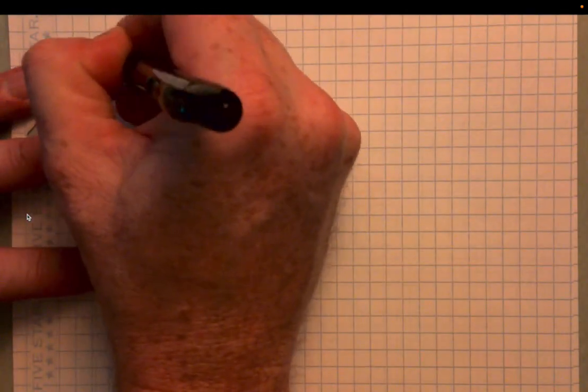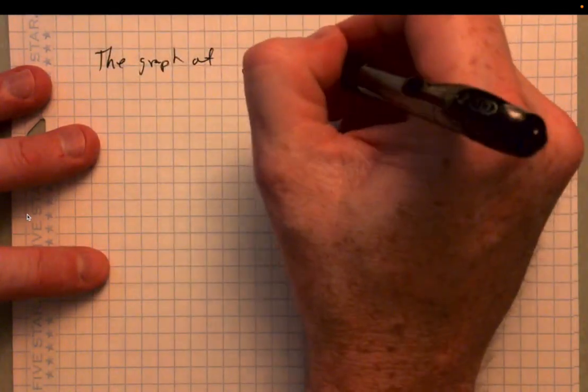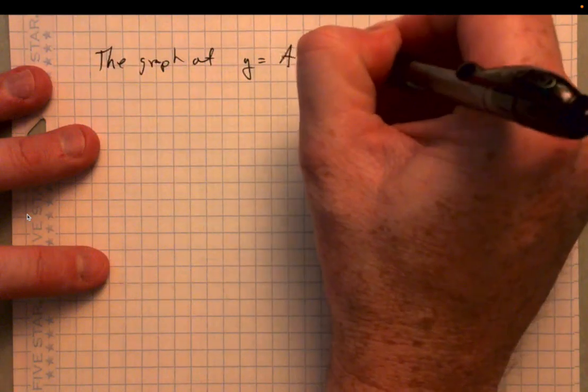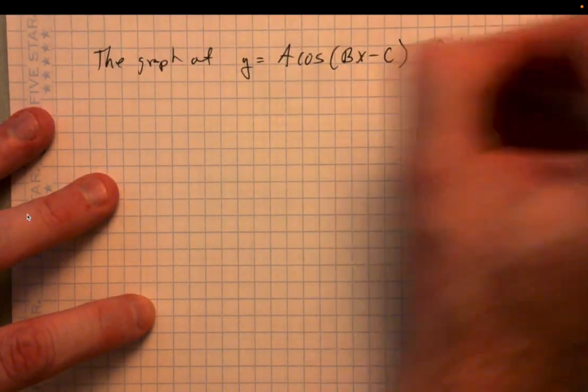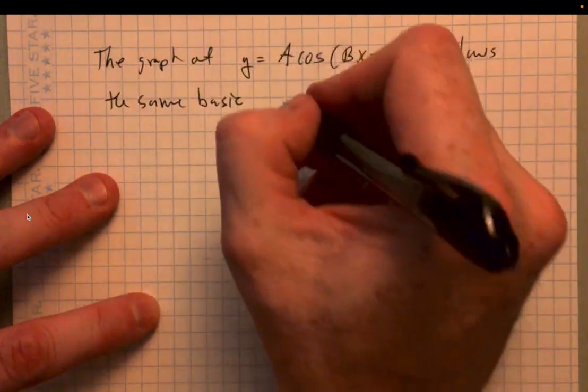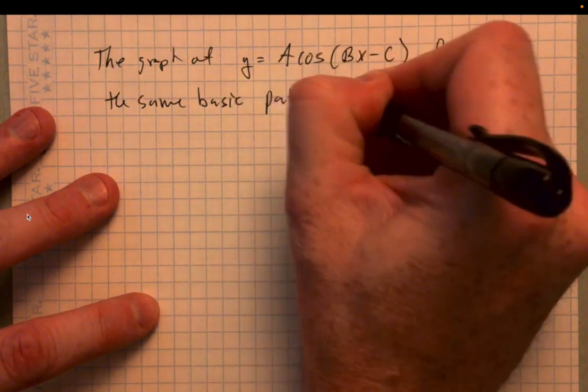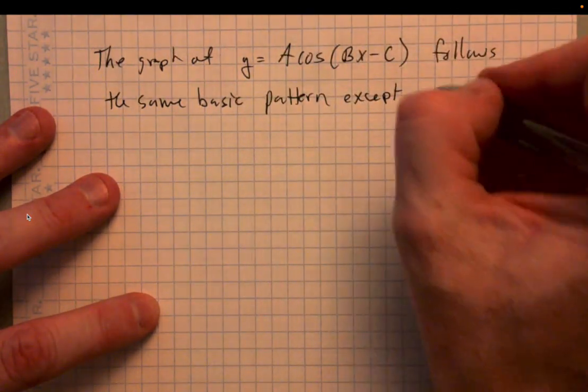So the graph of y equals a cosine of bx minus c follows the same basic pattern, except its cycle begins at 0.